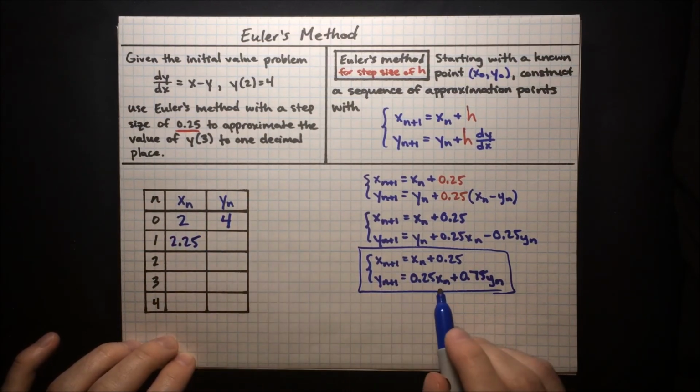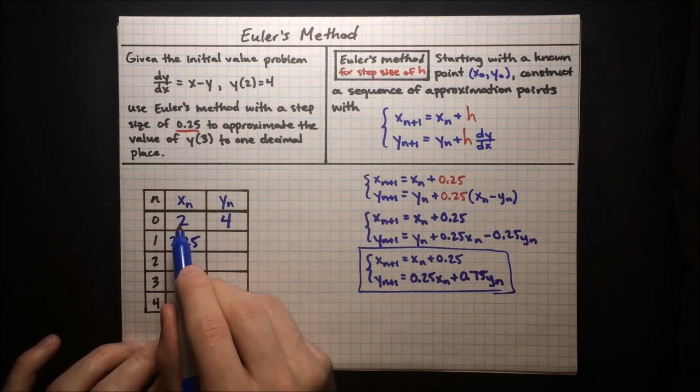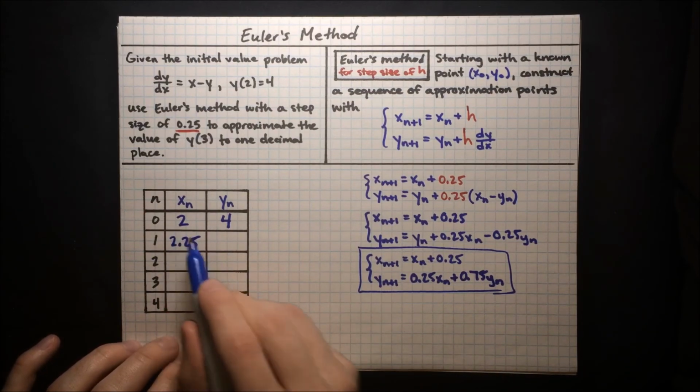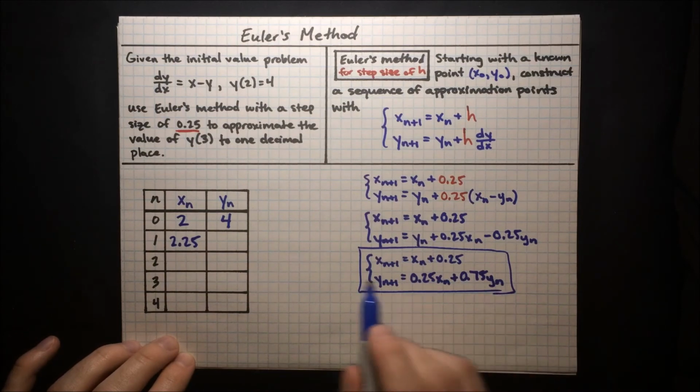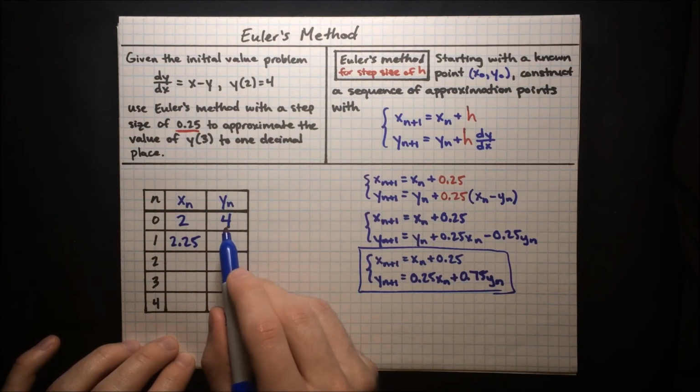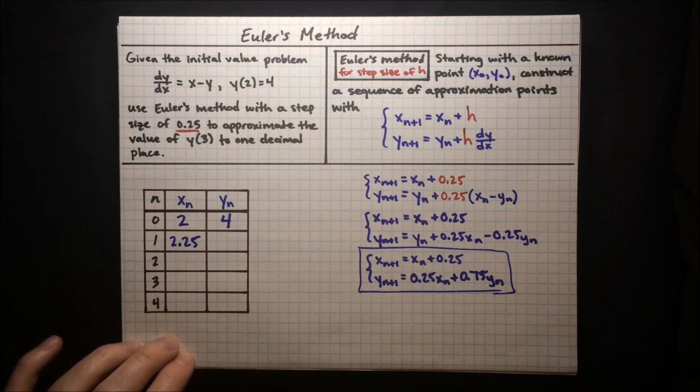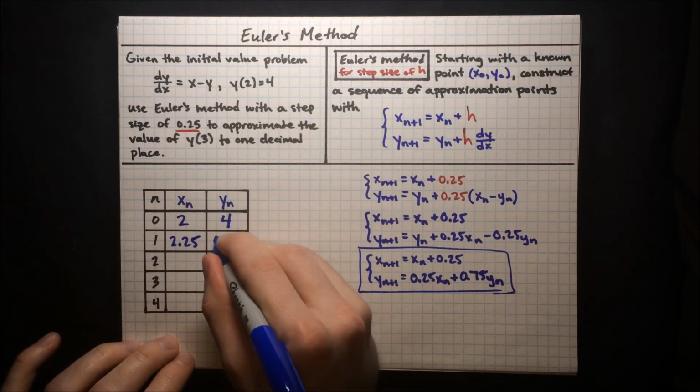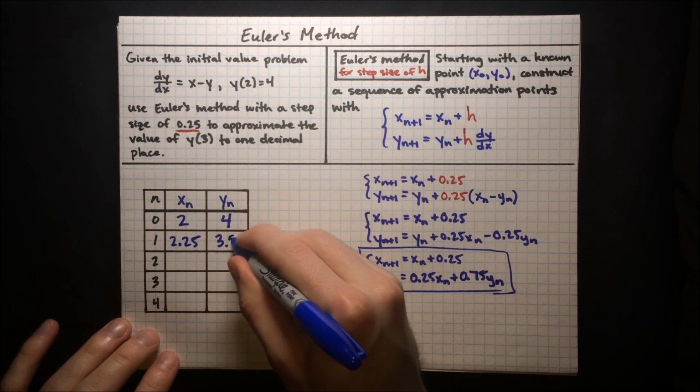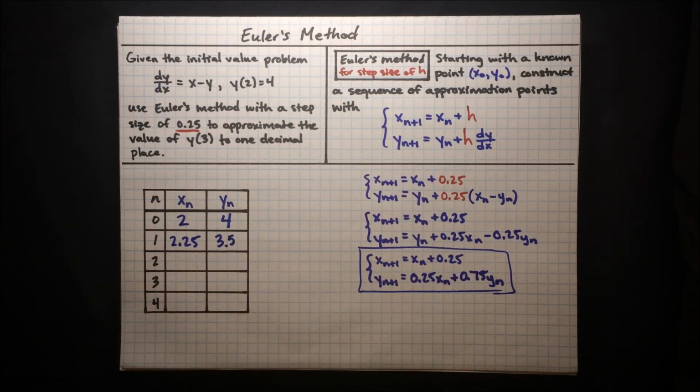And then how is y changing? Well, y just becomes 0.25 times the previous x, which was 2, plus 0.75 times the previous y. We can just punch that into a calculator to save some time, and the result is 3.5. Alright, and we can just keep on going.